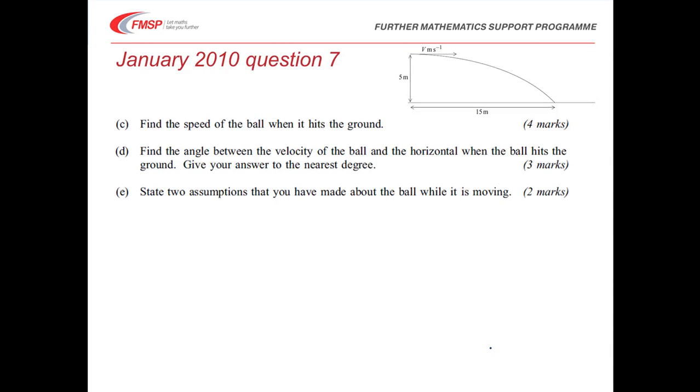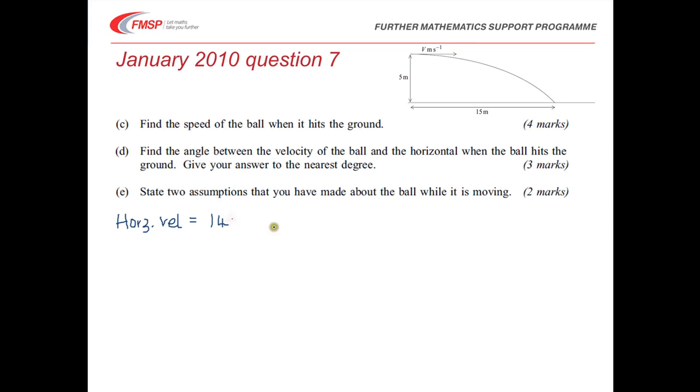So let's see what we need to do now. We're in part C, we're asked to find the speed of the ball when it hits the ground. So if we bear in mind, we have got the horizontal velocity, because we've just worked that out, and remember that that doesn't change at any stage.